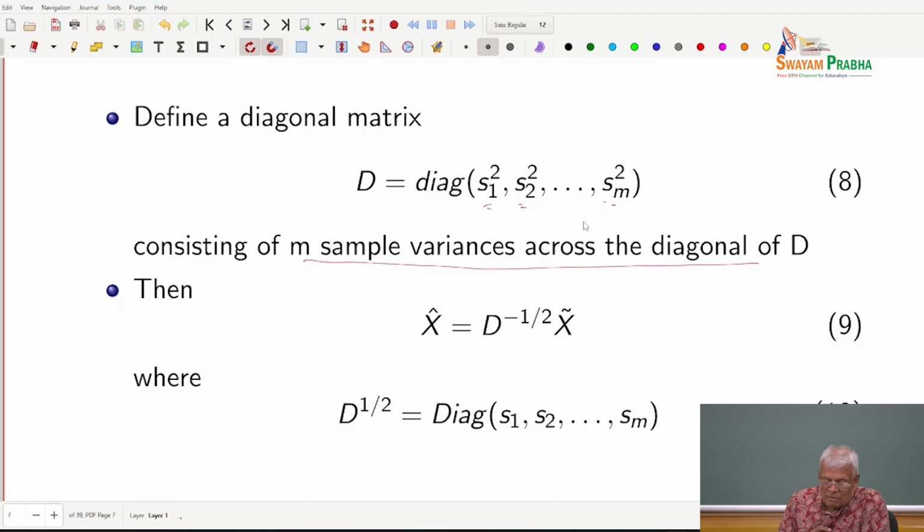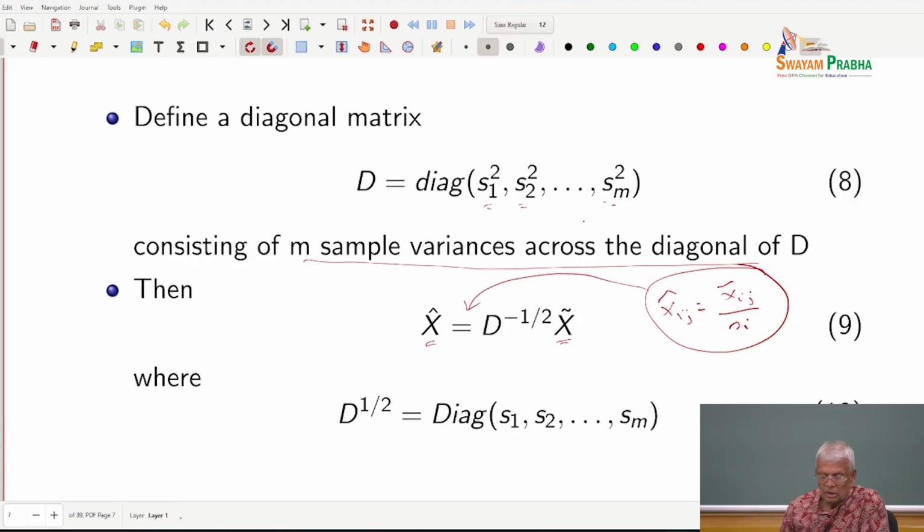So what is one nice way of expressing the relation between x tilde and x hat? xij hat is xij tilde divided by si. This operation is element wise. This element wise operation can be captured as a matrix operation. So x hat is equal to d to the power minus half times x tilde. Please understand, d to the power half is the square root of the diagonal matrix.